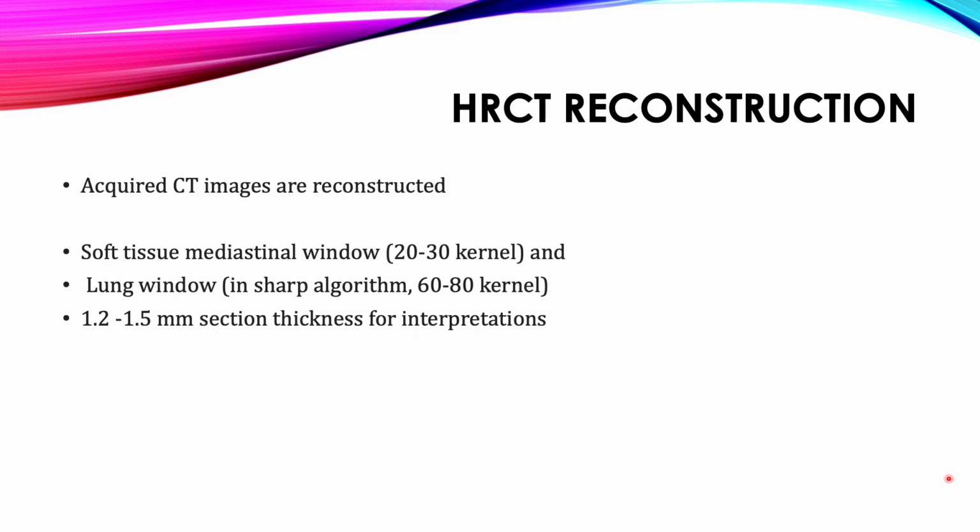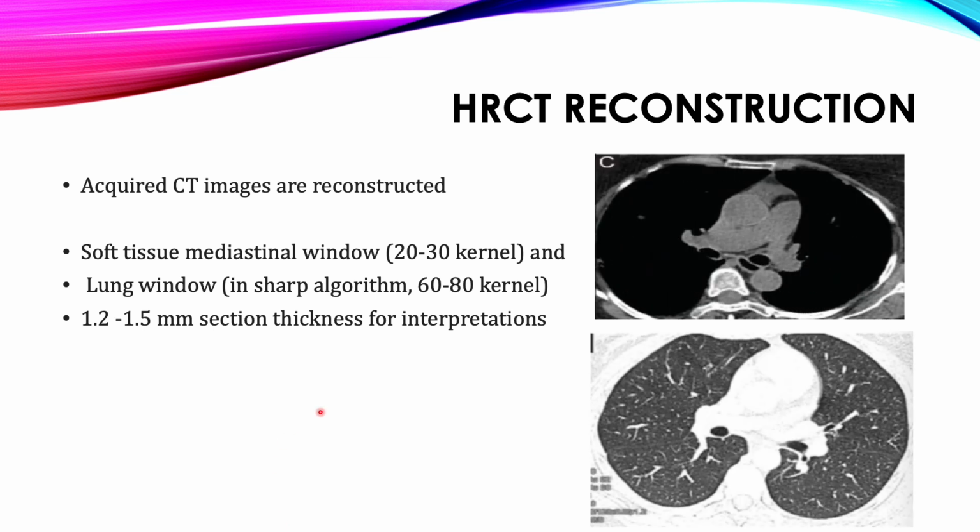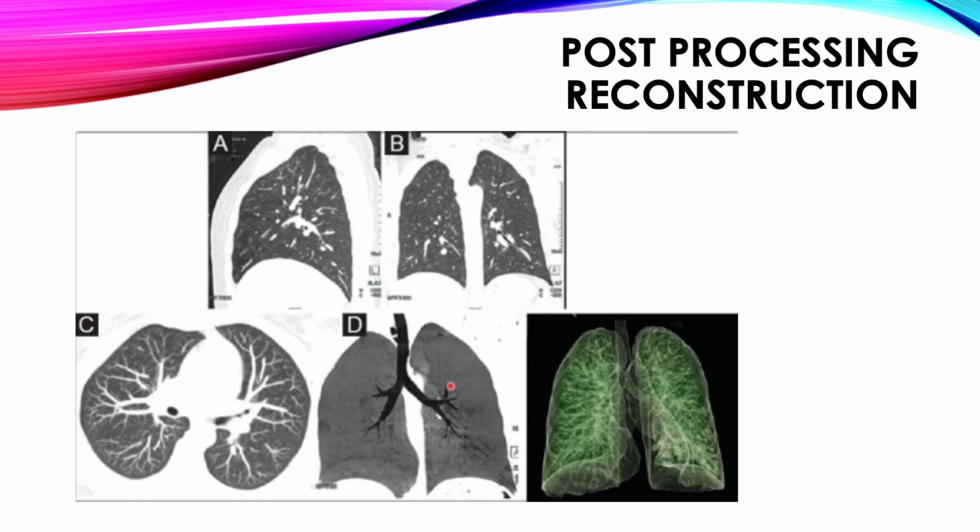That's important, and it really helps us in evaluation of diffuse lung diseases. We've all seen this as pulmonologists. So again, just reiterating, the HRCT reconstruction algorithm sharpens the images, makes them clearer, and gives us images at lesser sequential depth, so we are able to scan the lungs in a better way.